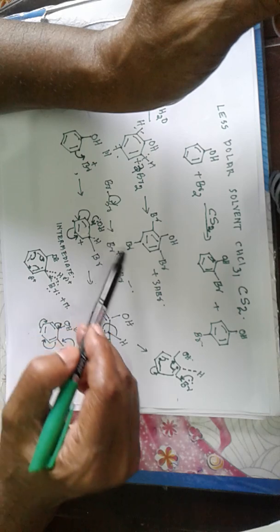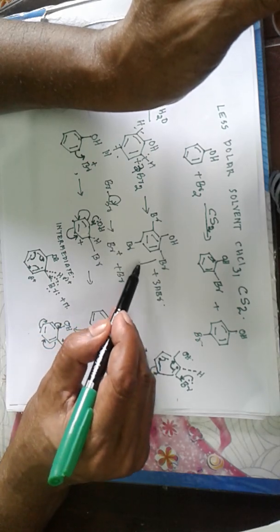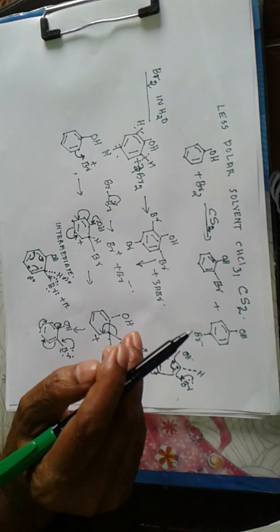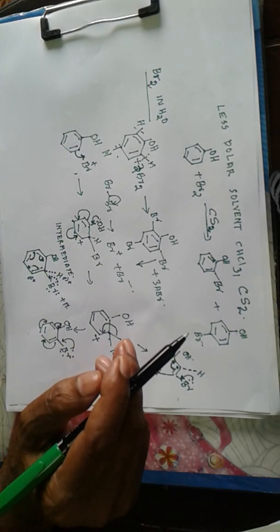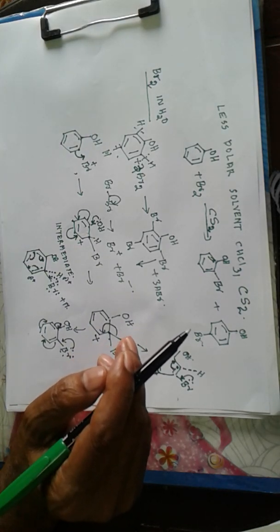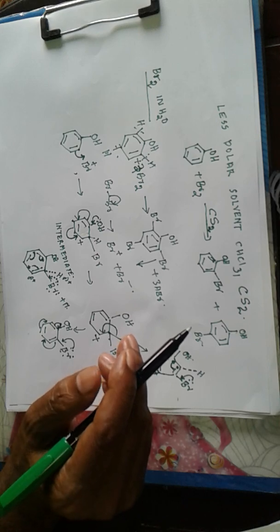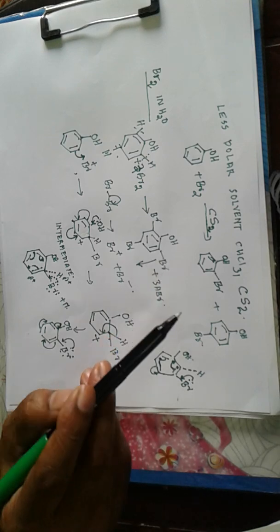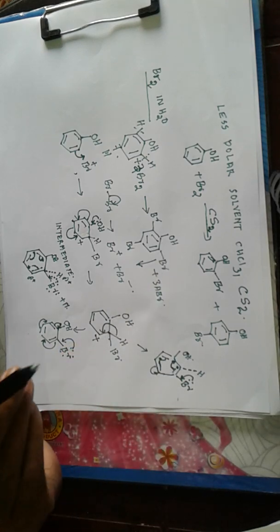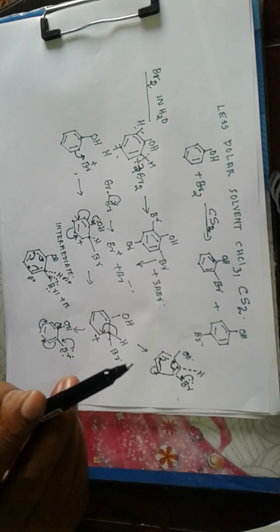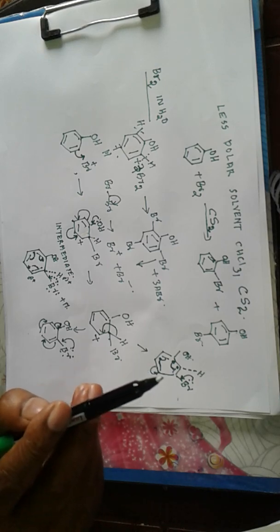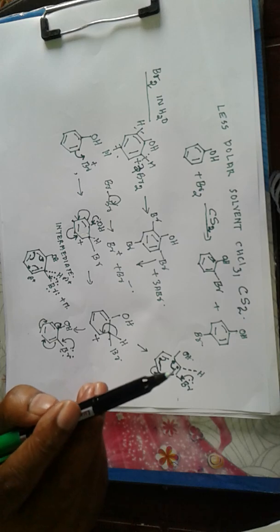Now tribromophenol is a white precipitate, and bromine water is reddish brown in color due to the presence of bromine, which is a dark brown liquid. And when bromine reacts with the phenol, the color of the water changes to colorless. So the brown bromine water is decolorized by phenol, and we get a white precipitate of tribromophenol.